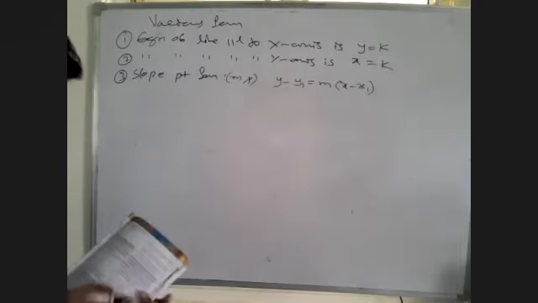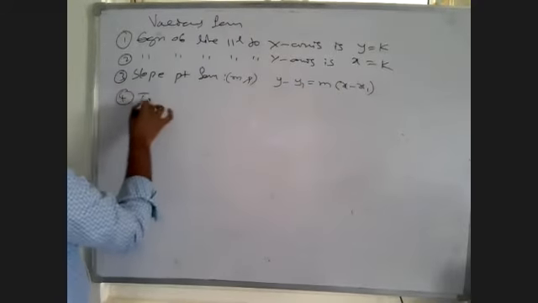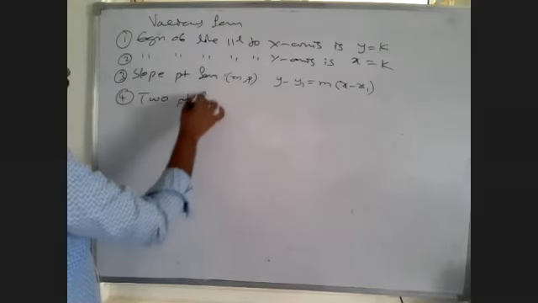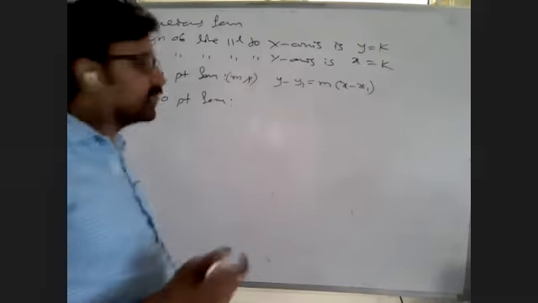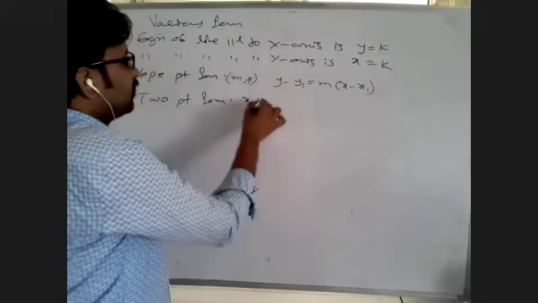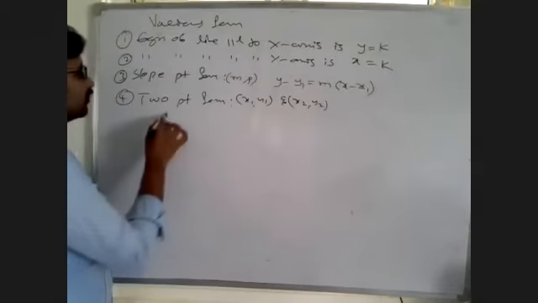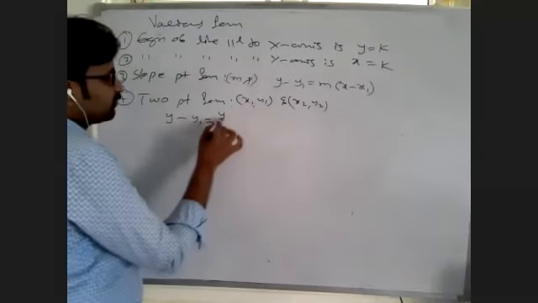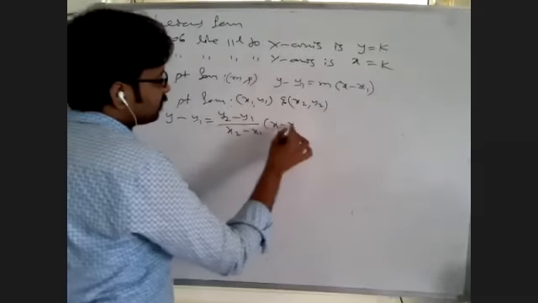And one more, 2-point form. Heading లోనే ఉంది, రెండు పాయింట్స్ ఉంటాయి, x1 y1 ఒకటి, x2 y2 ఒకటి. Then the 2-point form equation, as you already know, is y minus y1 equal to (y2 minus y1) by (x2 minus x1) into x minus x1.